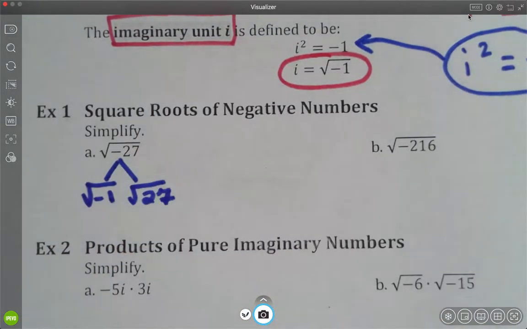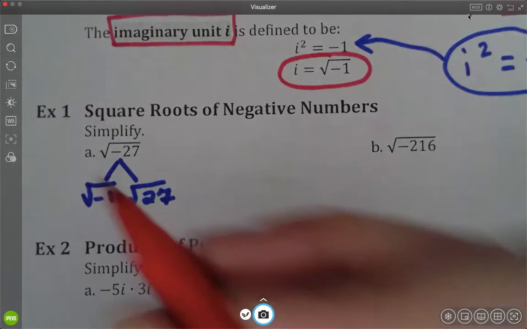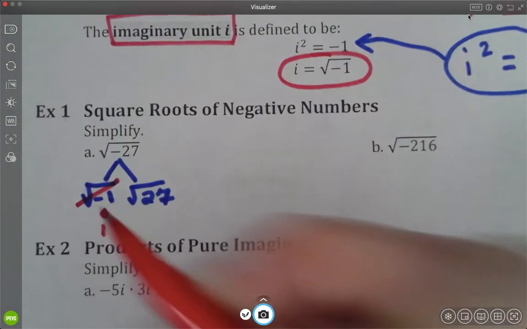I'm removing the negative 1 off of it because that's the part that I have a problem with, right? So negative 1 times 27 will give me negative 27. If I put those back together, it still works, right? But now we know that the square root of negative 1 is what? This guy can be replaced with i, right?